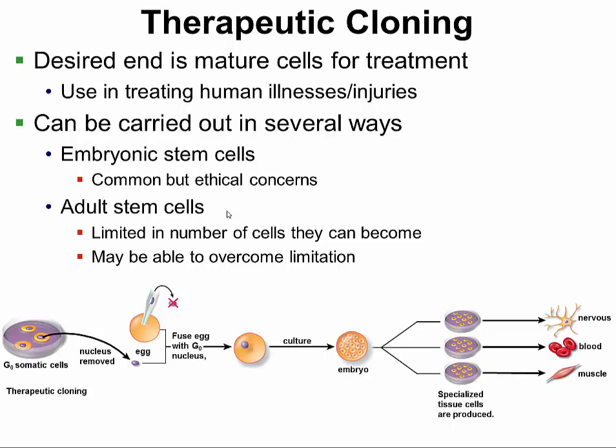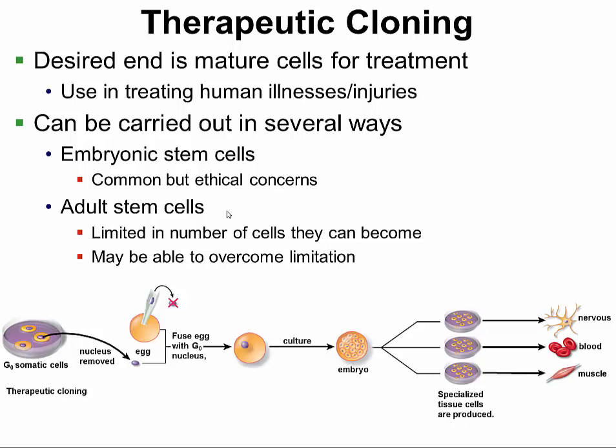They can't create muscle cells, they can't create brain cells, or any other type of cell in the body, but they can create white blood cells, red blood cells, and platelets. And so those are adult stem cells. They're cells that are fairly differentiated. They have gone down this road, and they can't turn around on that road. But they can still become a couple different types of cells.